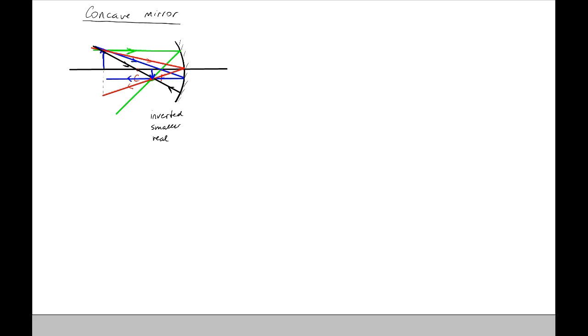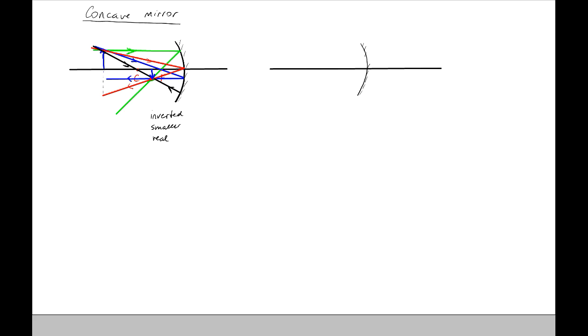All right, let's look at another situation for concave mirrors. So I'm going to draw a principal axis here and another concave mirror like that. That's the back of it.